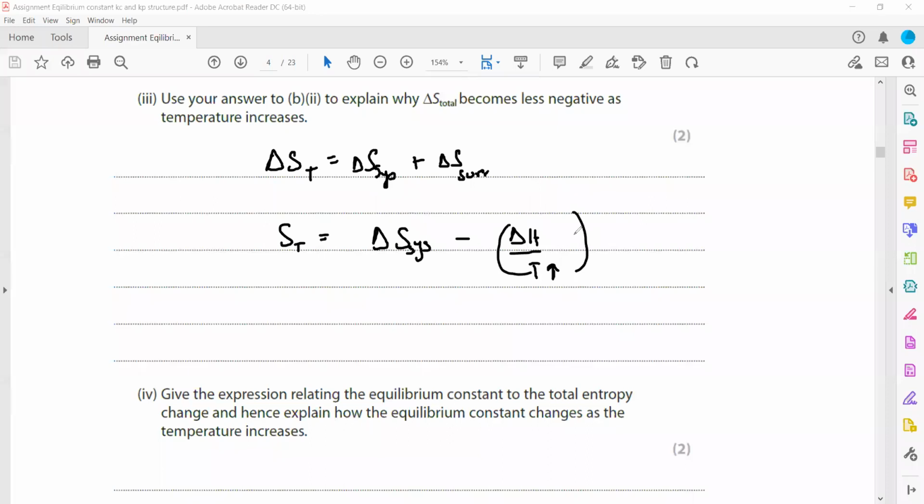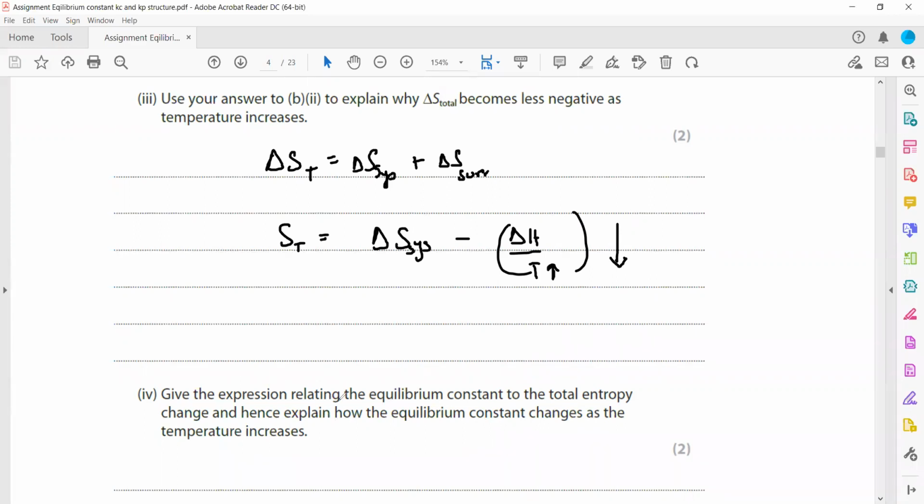The value of delta H by T will decrease, so the entropy of the surrounding will decrease. As a result, it will become less negative, because it is negative due to the entropy of the surrounding. If this value decreases, a smaller difference is there. That's why the total entropy will be less negative.